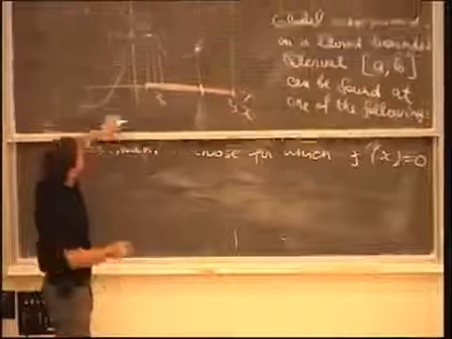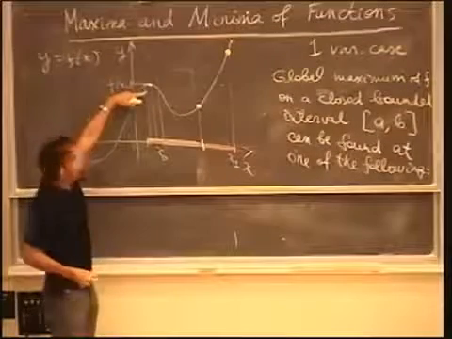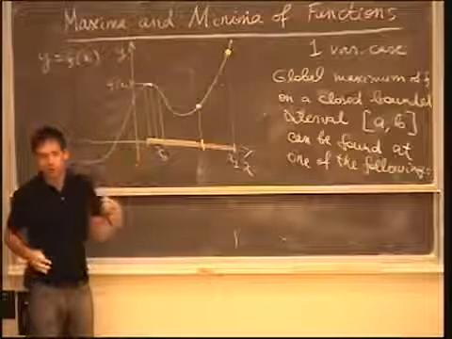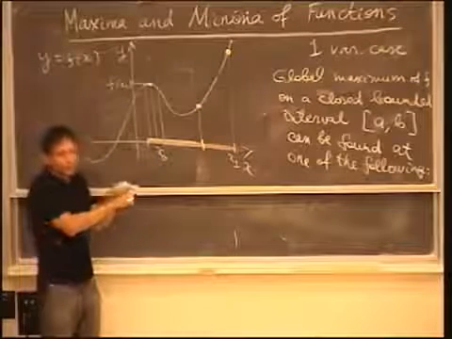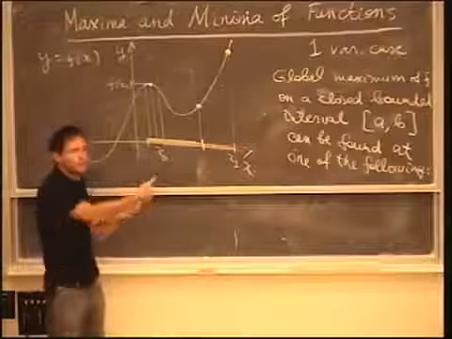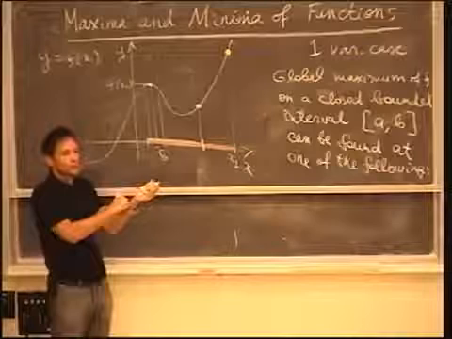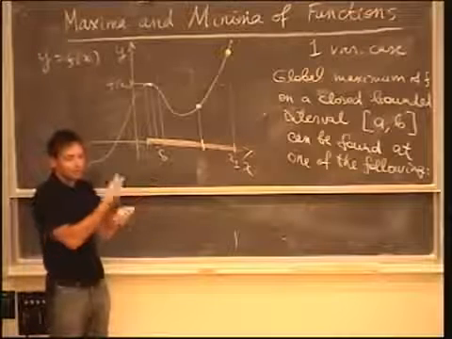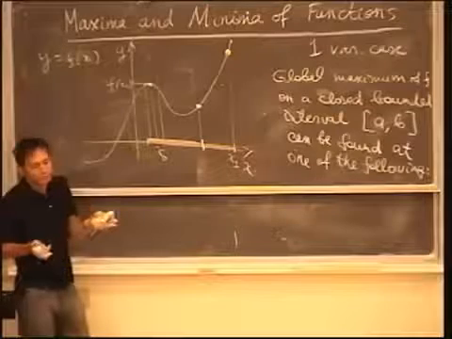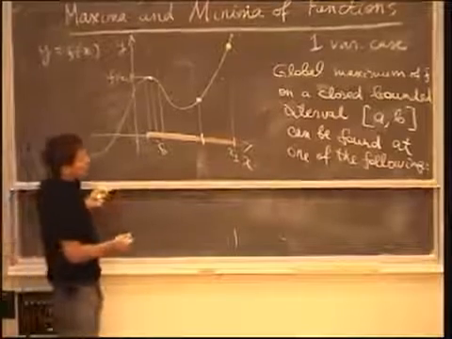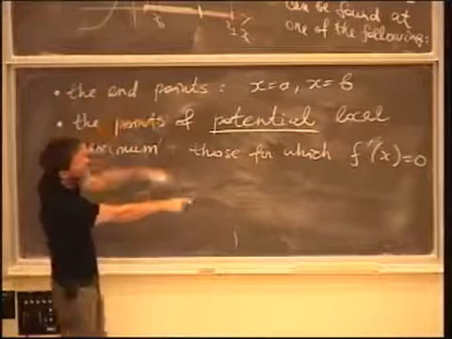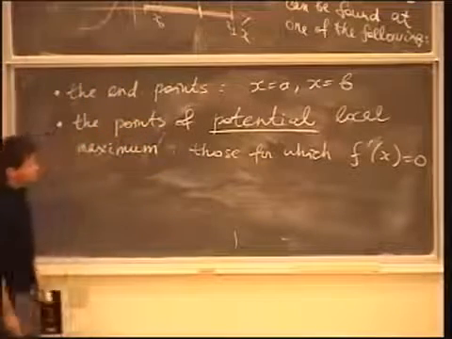Because certainly, if it's a point of local maximum, then the slope of the tangent line at this point is going to be 0. If you have a non-zero slope, just move away from this point, and you'll get a bigger or smaller value: on one side bigger and on the other side smaller. So the only way you can have a local maximum is to have slope 0, and slope is a derivative. So these are the points for which the derivative is equal to 0.